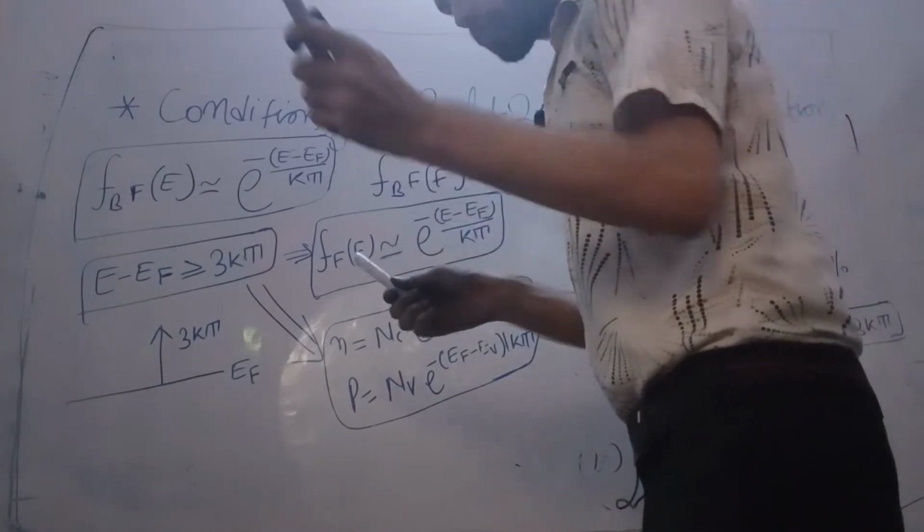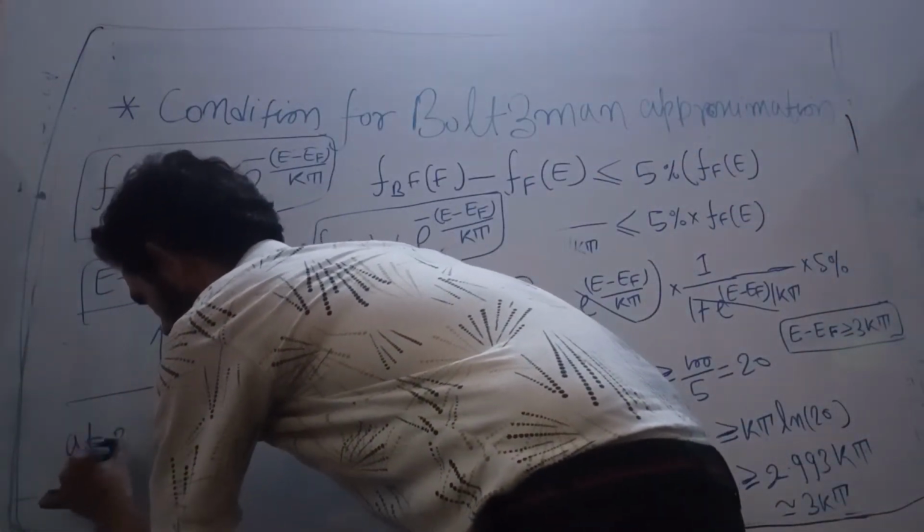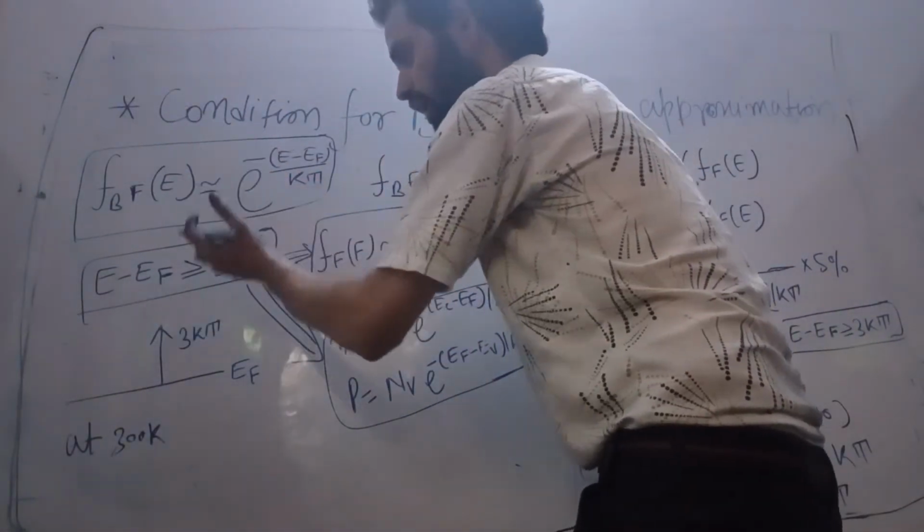Now see, at room temperature, for example at 300 Kelvin, how much do we have to shift above?